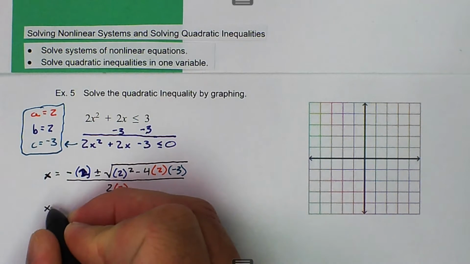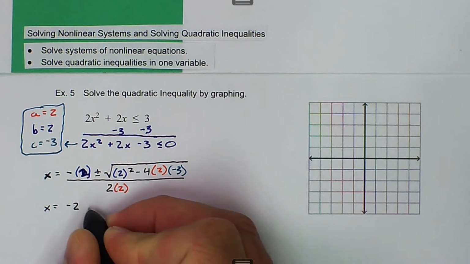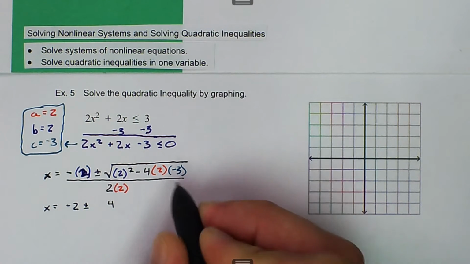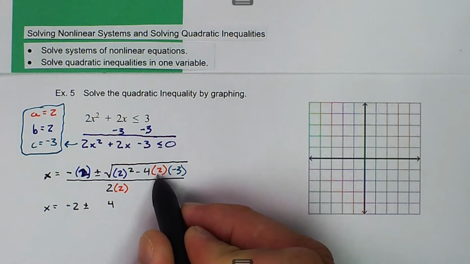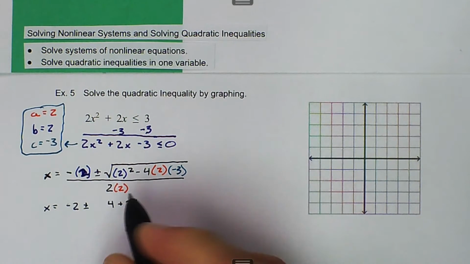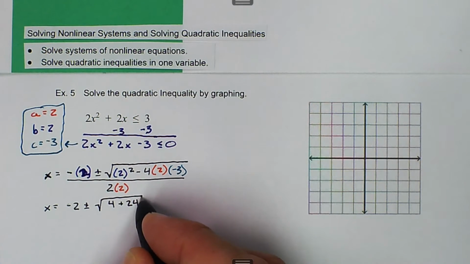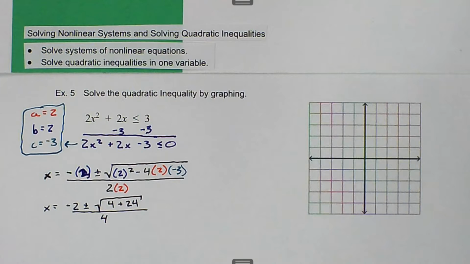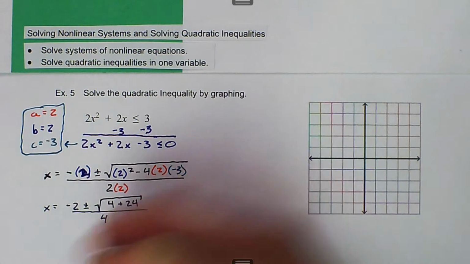So then we get x is equal to negative 2 plus or minus 2 squared is 4. Negative 4 times 2 is negative 8 times negative 3 is positive 24. And we have the square root there. And that is all divided by 4. We can rewrite 4 plus 24, and that we can write as the square root of 28.